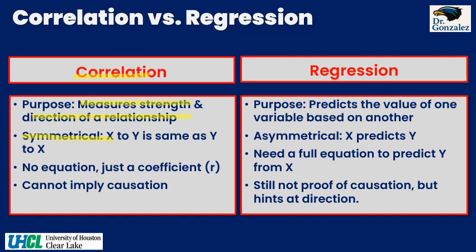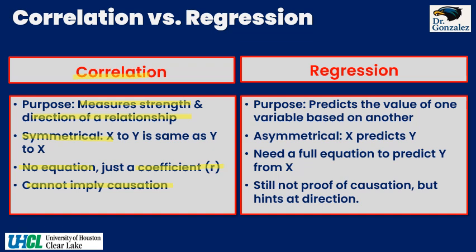There's not an equation with correlation. We just get our program to calculate a coefficient, that's the Pearson's r. And you should be quite familiar with the fact that we cannot imply causation through correlation. We can only state that there is an association, that two variables are linked, that Y changes in proportion to X and vice versa.